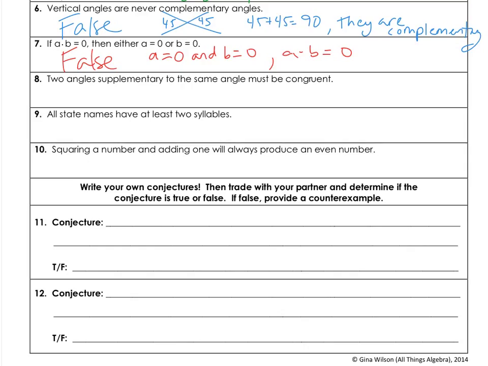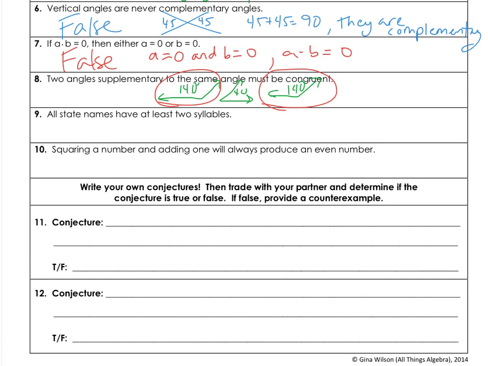For number 8, we're going to do it together again. They're saying if 2 angles are supplementary to the same angle, they must be congruent. So let's think of an example. If we have an angle over here, say this is 40, the angle that would be supplementary to it would be 140. And I'm going to do another one similar over on this side, 140 as well.